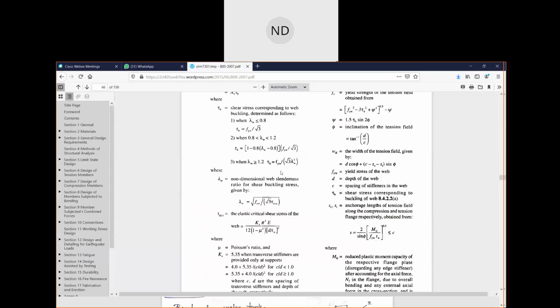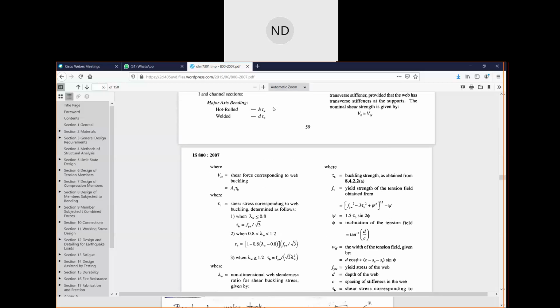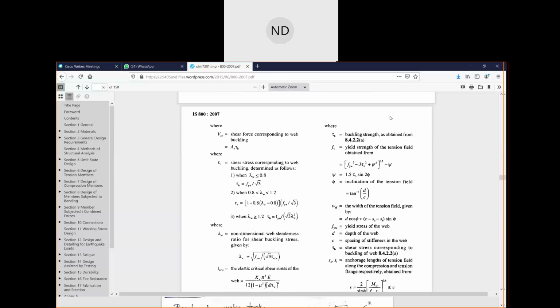Now once we have our τb value, from the IS code, we can easily find our Vcr, the shear force corresponding to the buckling, which is nothing but your Vn. The nominal shear strength is given by this Vcr. Vn is equal to Vcr, which is Av τb.